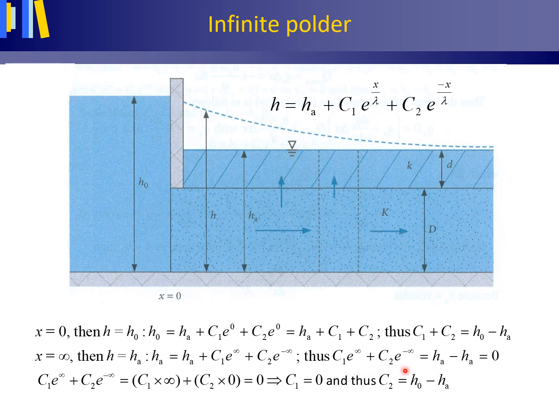So this term equals 0. Of course, e to the power minus infinity is 0, and e to the power infinity is infinity. And in order for this addition of terms to be 0, this term already is 0. C1 must be 0. So C1 is 0, and thus C2 equals H0 minus HA.